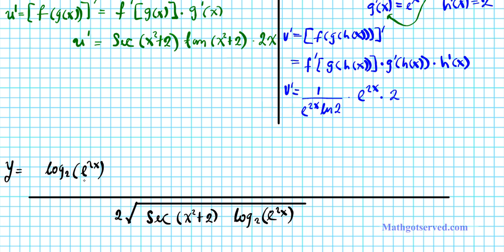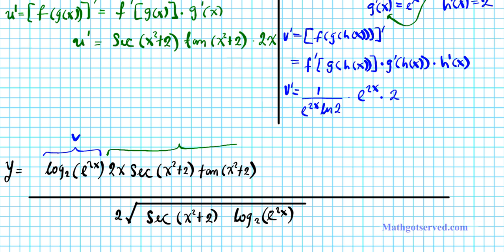Yes, v u prime is this result we have here, so it's going to be 2x secant x squared plus 2 tan x squared plus 2. All right, so let's make sure we understand what's going on. This is v, and then this entire piece is u prime. We're just applying the product rule to the inner function, v u prime, okay?